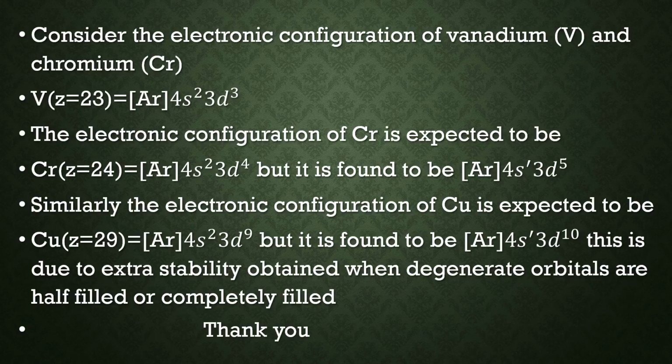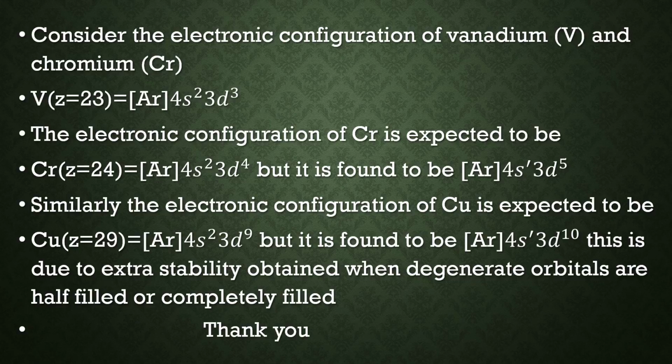This is due to extra stability obtained when degenerate orbitals are half-filled or completely filled. Here, 3d orbitals: total 5 suborbitals in d orbital. These are degenerate orbitals.